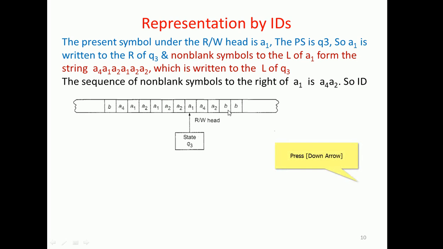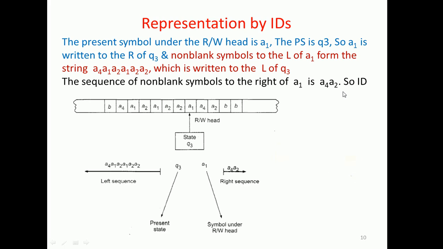The sequence of non-blank symbols to the right of A1 is A4, A2. So in the instantaneous description, we can narrate it in picture form: the left sequence of non-blank symbols, and the right portion A4, A2, that is the right sequence.